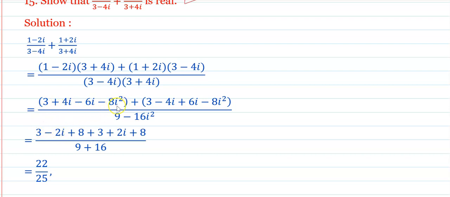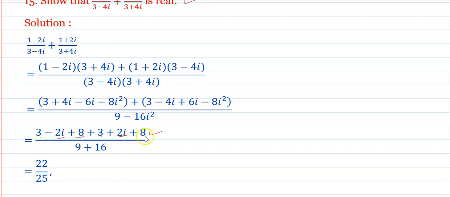I square is minus 1. Minus 1 into minus 8, you will get here plus 8. Next bracket मध्ये बघा 3 minus 4i plus 6i, you will get 2i minus 8i square. I square is minus 1, and this minus and minus, that will become plus. Okay. पुढे काय की plus 2i and minus 2i get cancelled. Now next is 3 plus 8, that is 11.